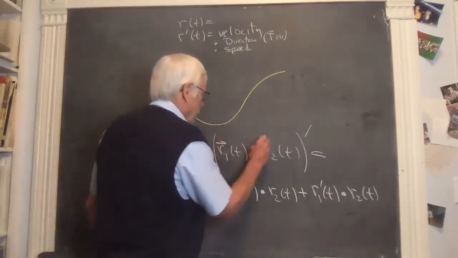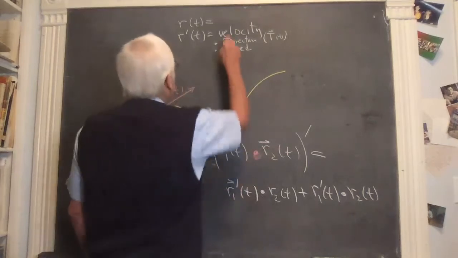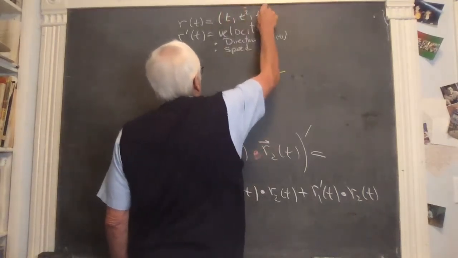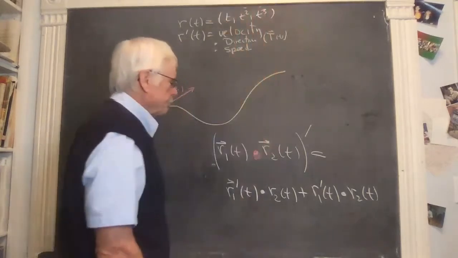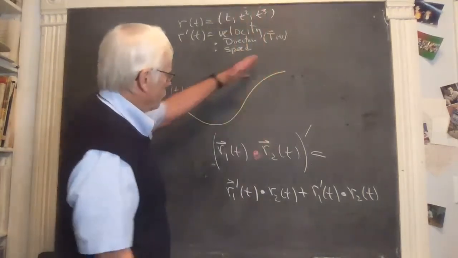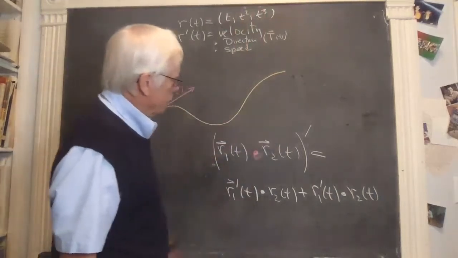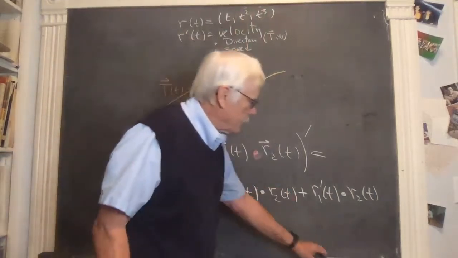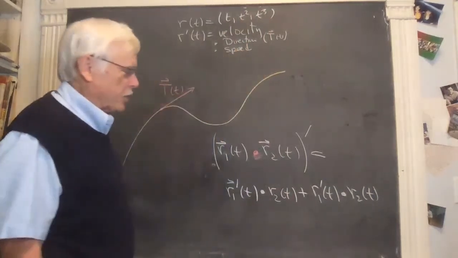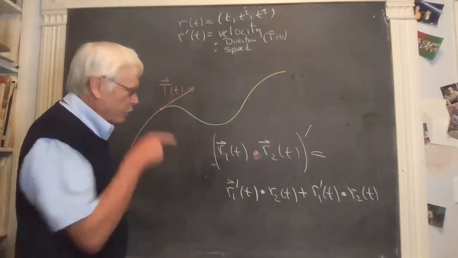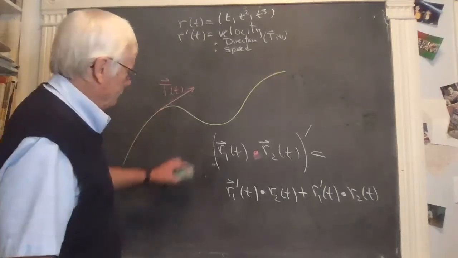These are vector functions, like t squared, t cubed, for example. And then the dot product of those, take the derivative, you get this. And I'll show you why this works next time. You can work it out for yourself. It's pretty clear. But I'm going to use this formula right now.